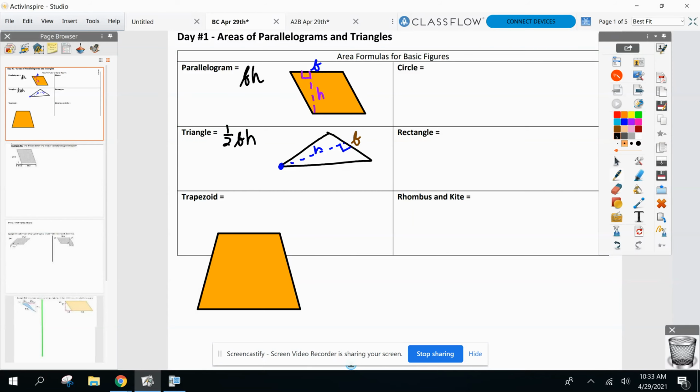Trapezoid, that's a mouthful, that formula. Anybody know that one? Here you go, ready? 1/2 the height times the sum of the bases. I'm going to call them B1 and B2.